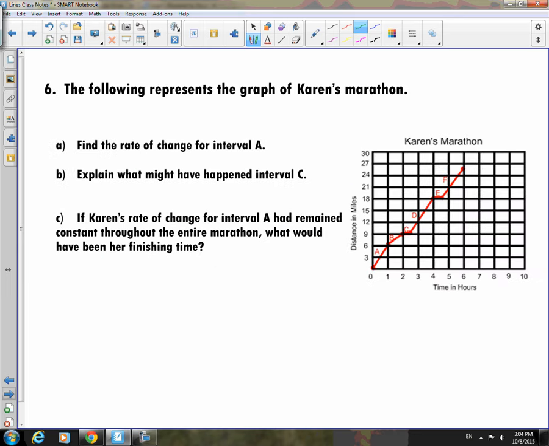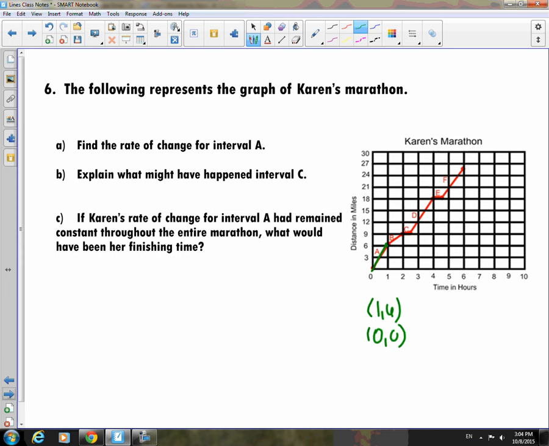And the following is another one about reading the graph, represents Karen's marathon. Find the rate of change in interval A. So interval A is this one right here. And we're going to find her interval. So we are looking at an ordered pair here, which would be 1, 6, and the one between 0, 0.